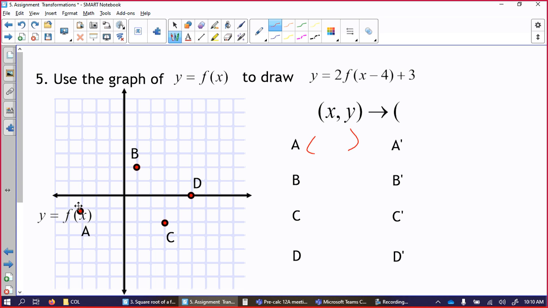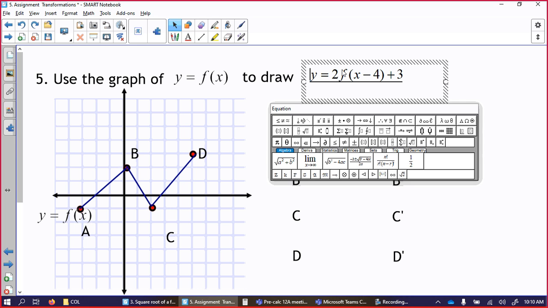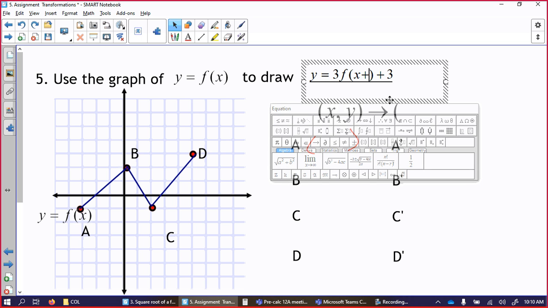Put A there, B there, C there, D up here. Whatever the equation is, so we have a function like that, 3 minus 1.